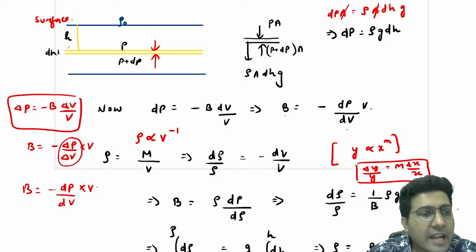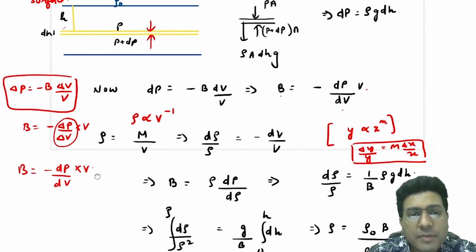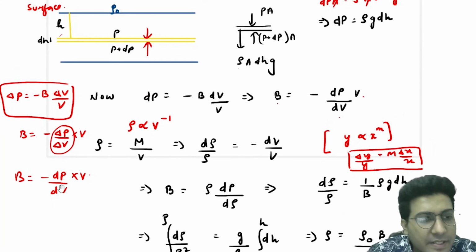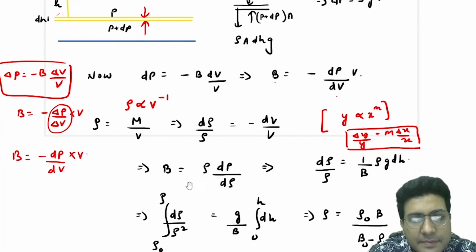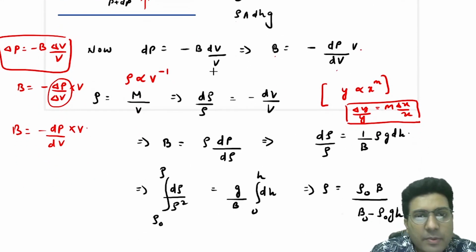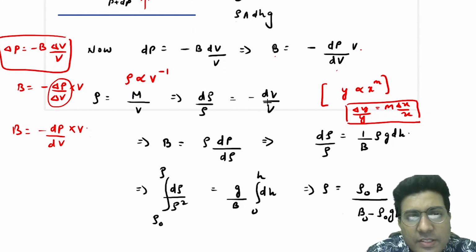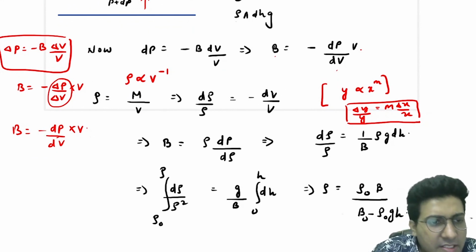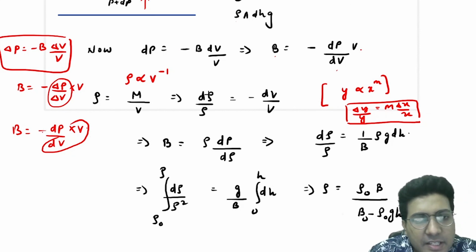In that case you will say that the bulk modulus is dP by dV into V, right? Now d rho by rho is equal to minus dV by V. So this minus dV by V can be written as d rho by rho.